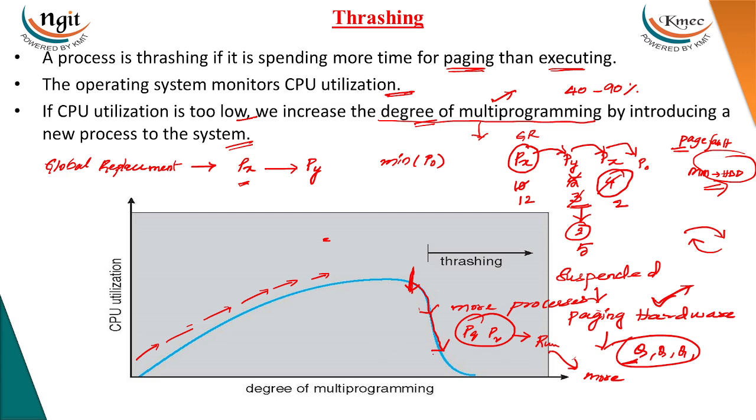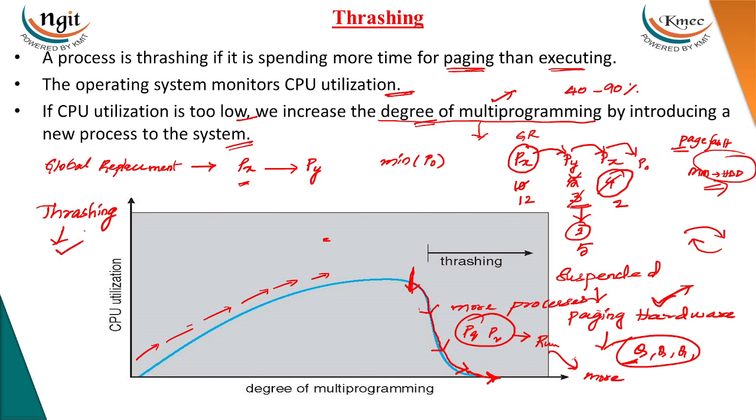So nothing will happen, no process execution will be done, and CPU utilization will fall completely. This particular situation is called thrashing. That means the system is spending more time on paging rather than executing the process instructions.